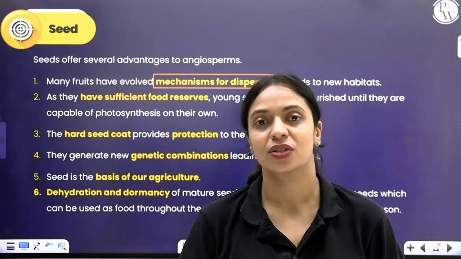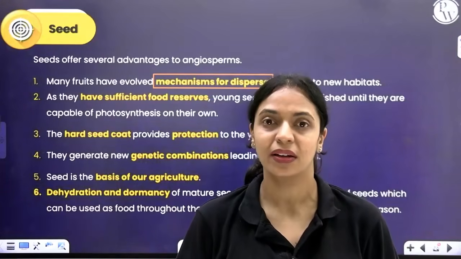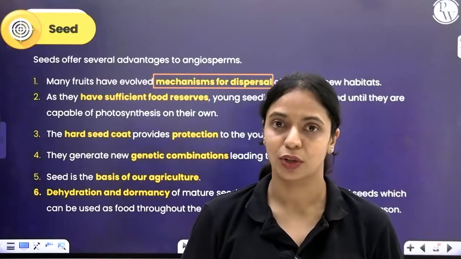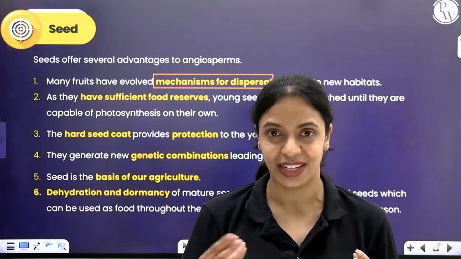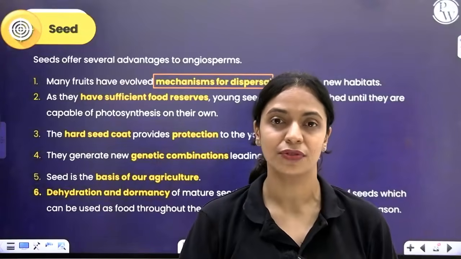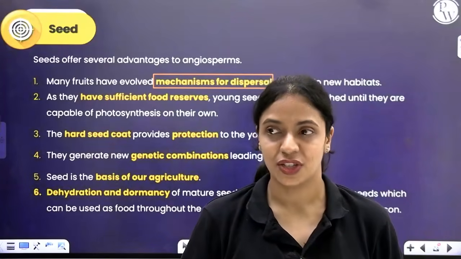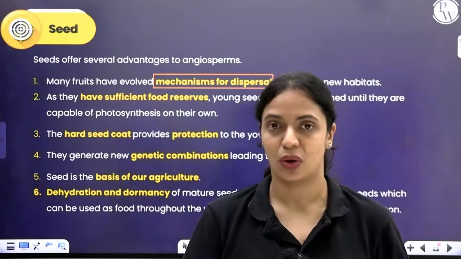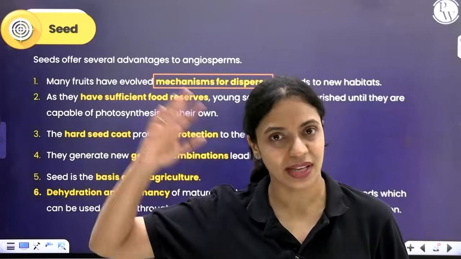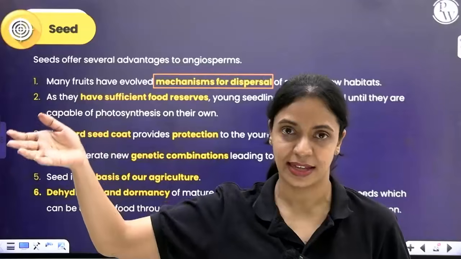There are some species of plants where the fruits will open by themselves if not plucked, like lady's finger. If you leave it as it is, they have mechanisms to open and disperse the seeds far off. And in fleshy fruits, for example, if a bird feeds on a fruit in one tree and consumes some seeds, it goes elsewhere and excretes them there.